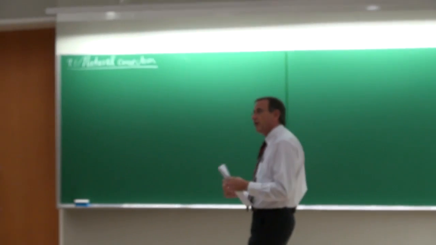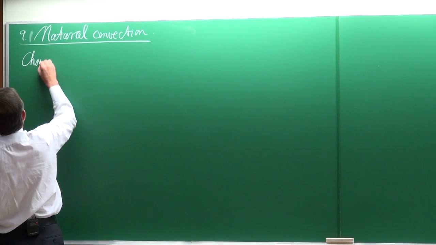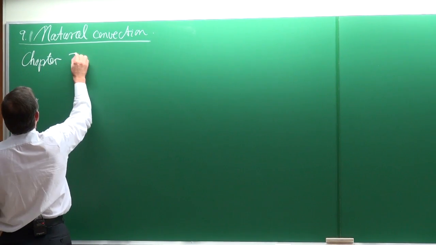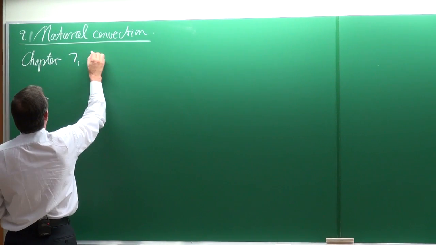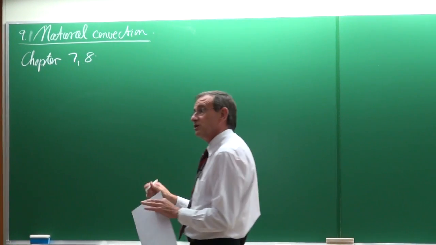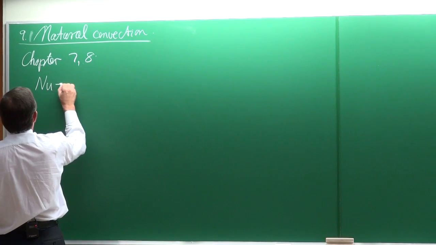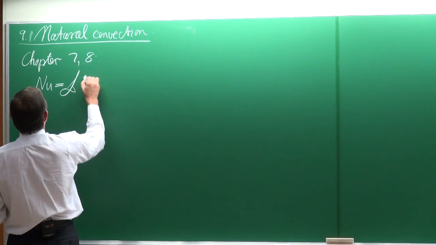Let's link natural convection with chapters 7 and 8. In chapters 7 and 8, what I brought to your attention when we started with those chapters is that it is actually all about determining the Nusselt number.